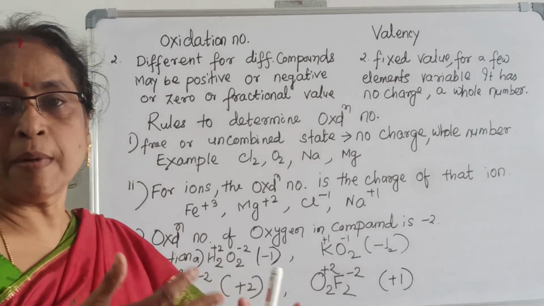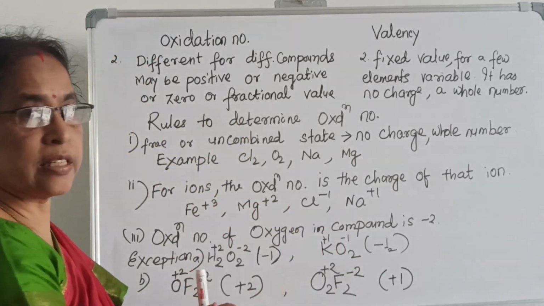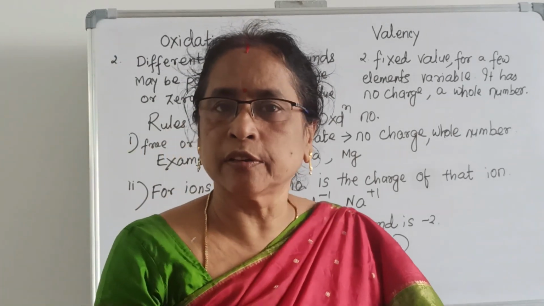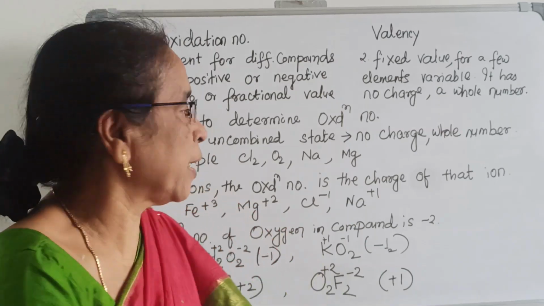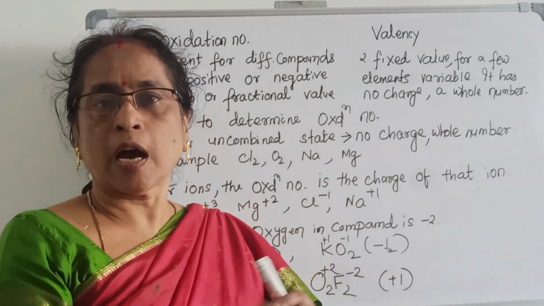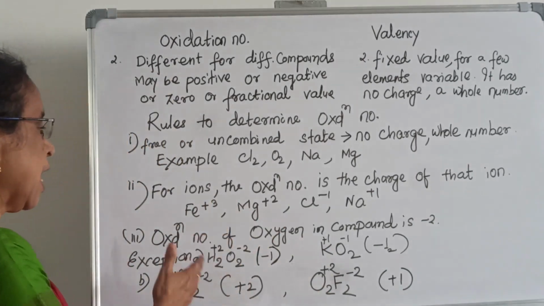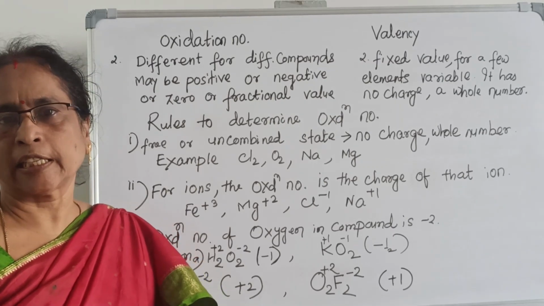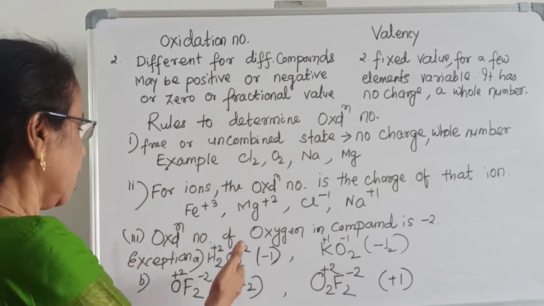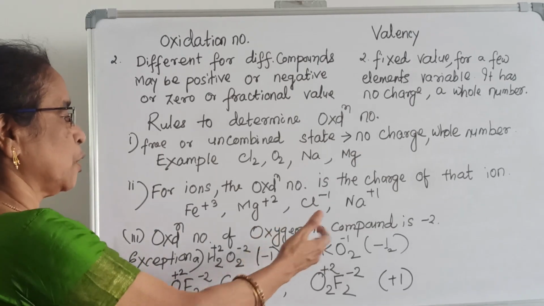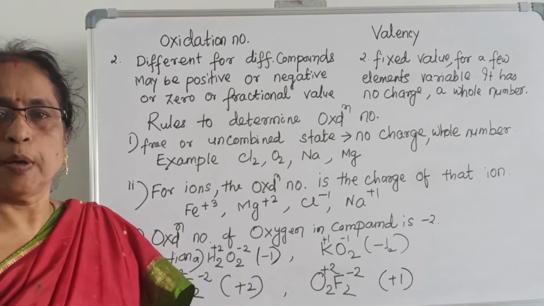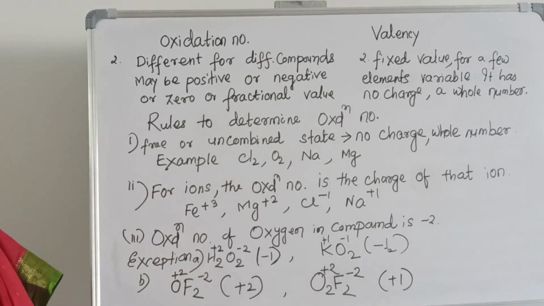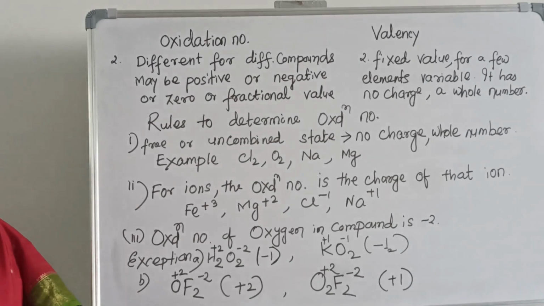For ions in the combined state, in compounds, after reaction you see the products as compounds, and the charge of that metal, ion or element, whether metal or non-metal, is the oxidation number of that element. The oxidation number of oxygen is generally -2, but there are exception cases where it is -1, -1/2, and +2, +1. Then we will see other rules for the determination of oxidation number.